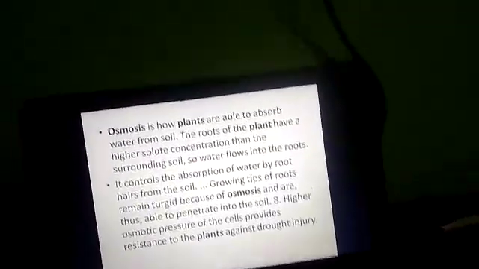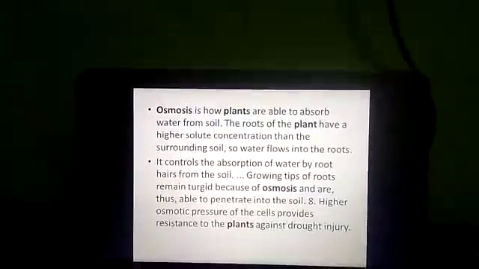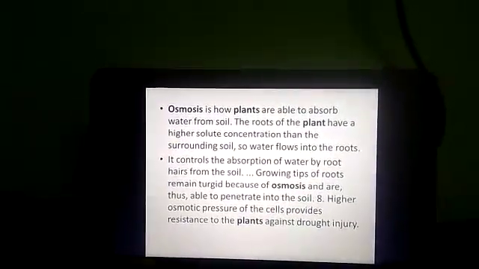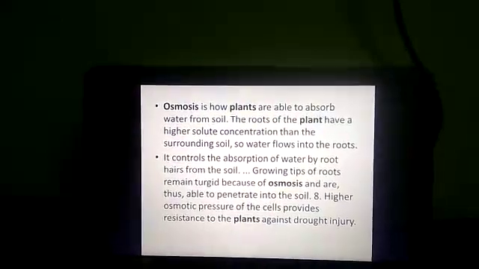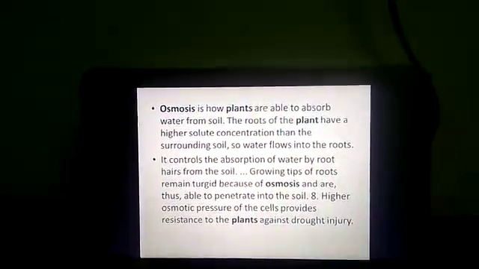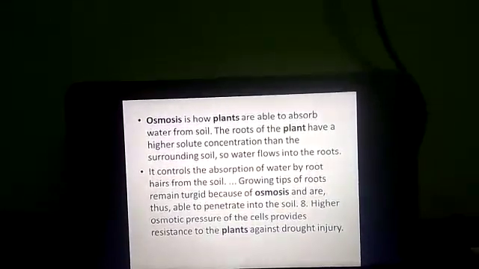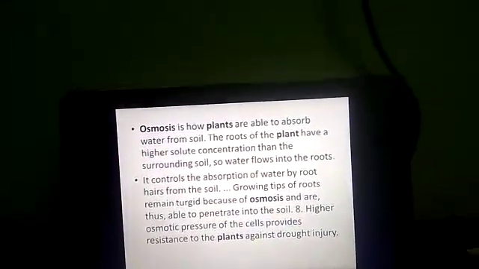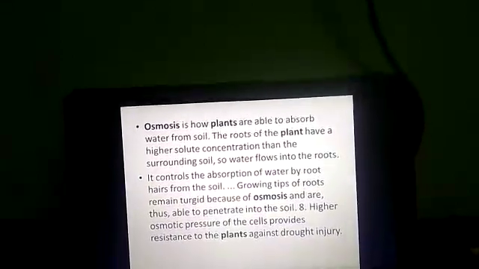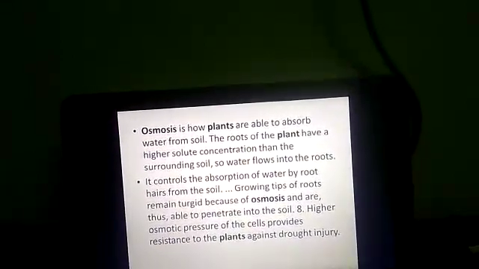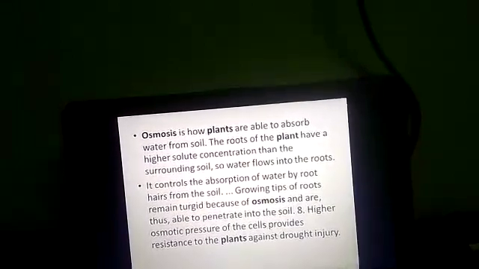Next, what is osmosis? Osmosis is how plants are able to absorb water from soil, or we can say water absorption by the roots. We are very familiar with the absorption of water by blotting paper or cotton dipped in water.